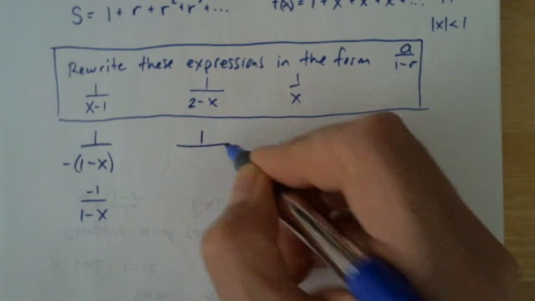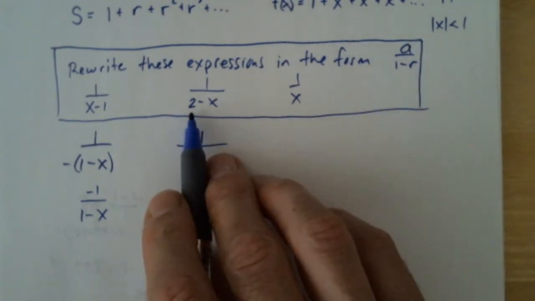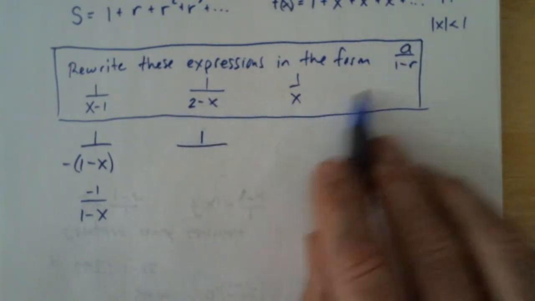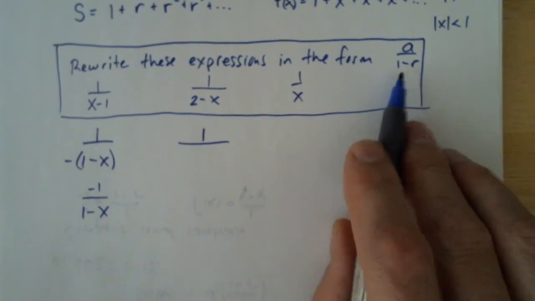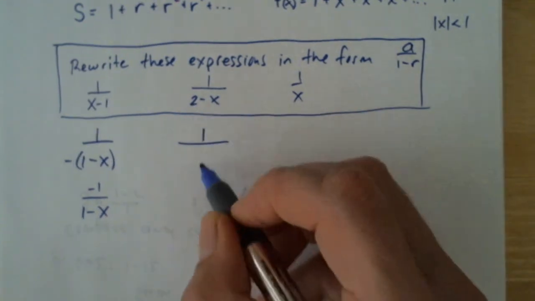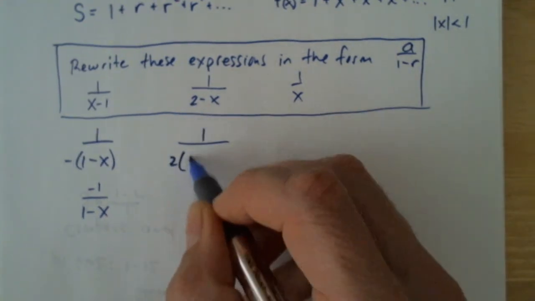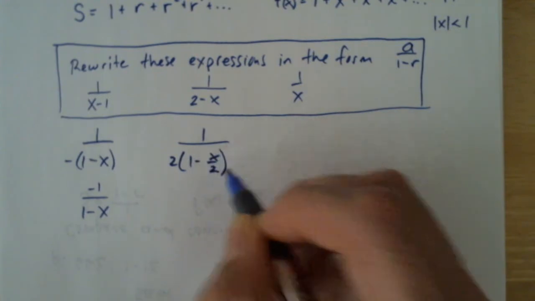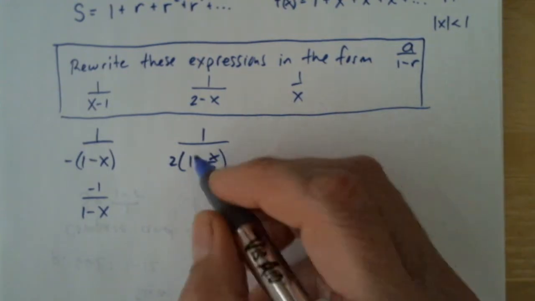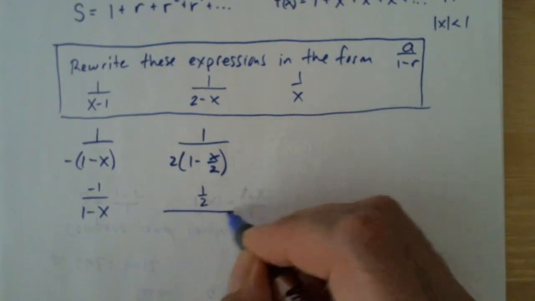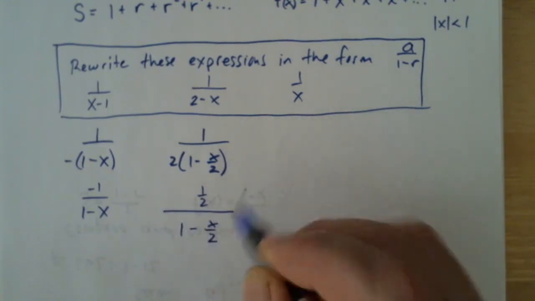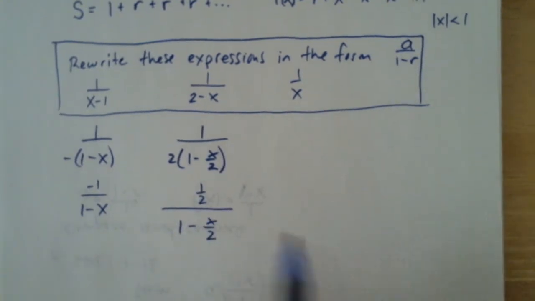Here we have the right order. We have the number first, minus x, which we want, but it's not a 1, so we can do that, and now we'll put it as 1/2 in the numerator, and it's in the right form, a number over 1 minus r.